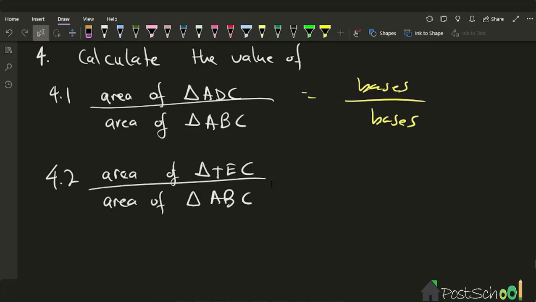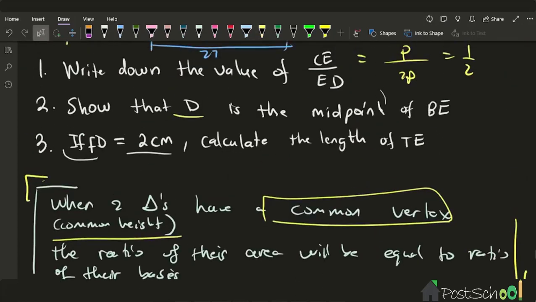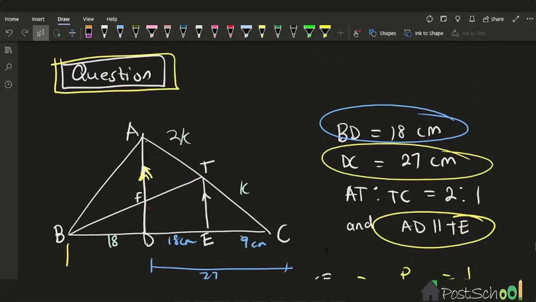So now let's look at the first question. ADC and ABC. Okay, I'm going to highlight these triangles. ADC, this is the triangle ADC. Alright, and then triangle ABC.